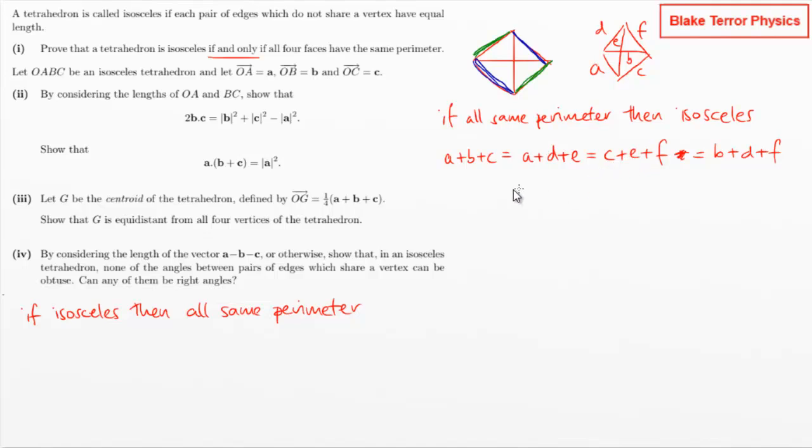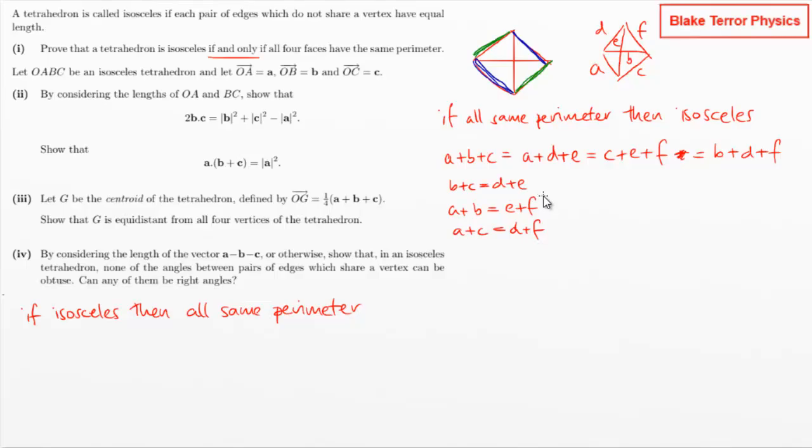Okay, right, so that's my 4 faces and my 4 perimeters. What can I get out of all of these? I've got 6 pairs of equations here. I could say that B plus C is D plus E, just looking at the first 2 and taking the A's out. I could have A plus B is E plus F. I could have A plus C is D plus F. Do I need to write all of these out?